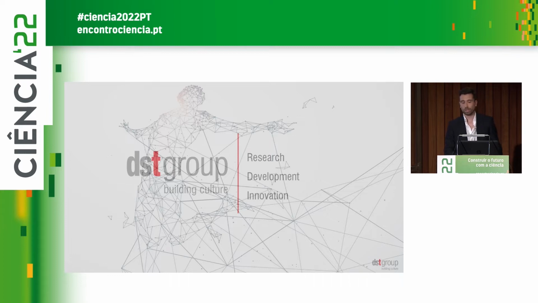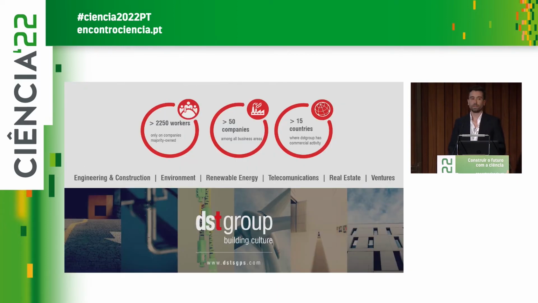So for those of you who don't know the company, the ST Group is a family-owned company. It started around 1940 and is now in its third generation. It has around 2,000 workers, more than 50 companies, and is present in more than 15 countries.